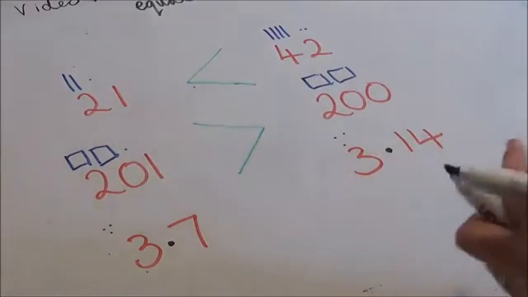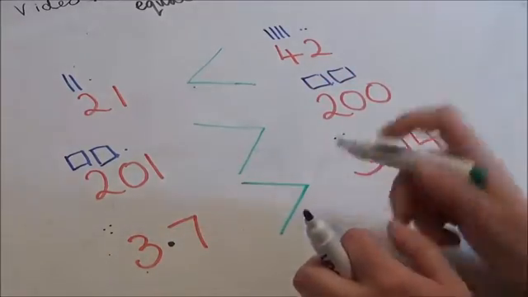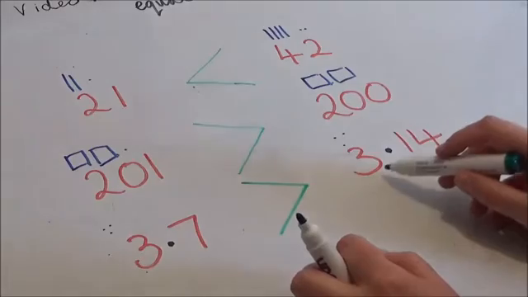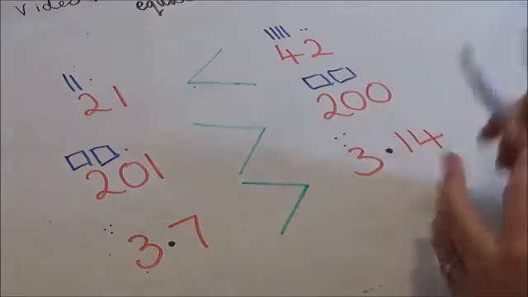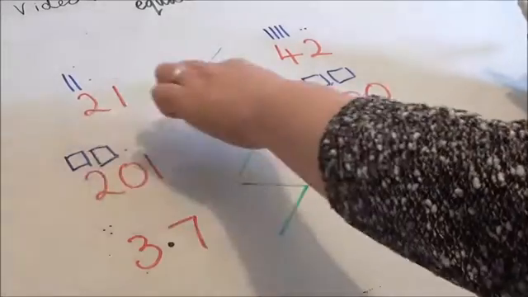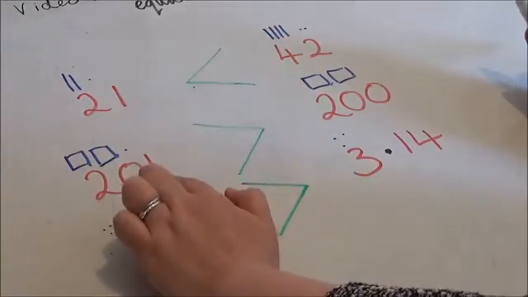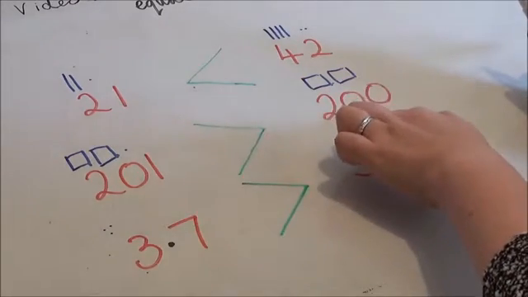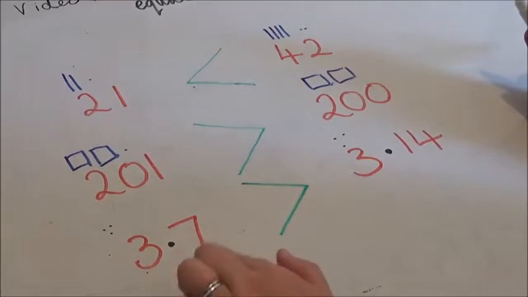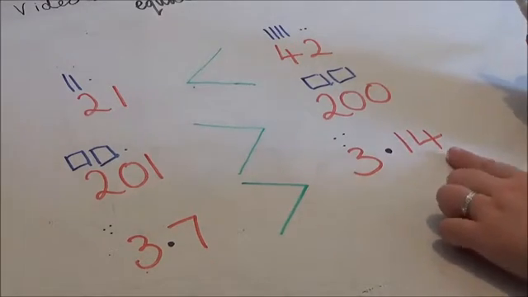So the symbol we will use is this to show that 3.7 is larger than 3.14. So if I was to read them out to you, I'd say that 21 is less than 42, 201 is greater than 200, 3.7 is greater than 3.14.